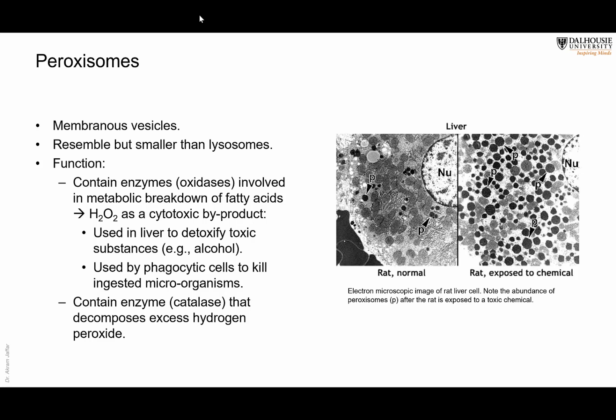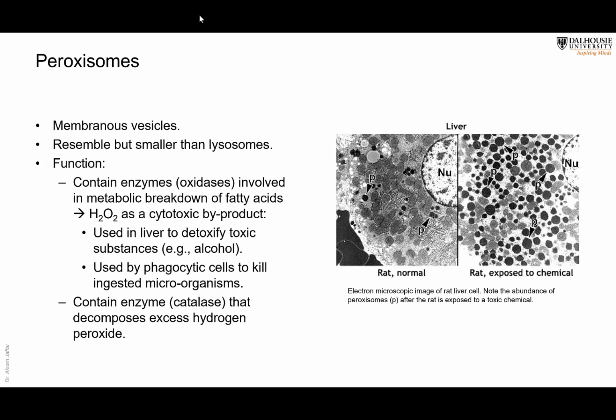These are peroxisomes. They are like lysosomes. They are vesicles. They contain digestive enzymes, but they are smaller than the lysosomes. They contain two types of enzymes, either oxidases, which break down fatty acids and produce hydrogen peroxide, H2O2.